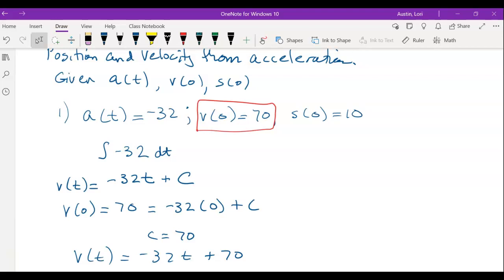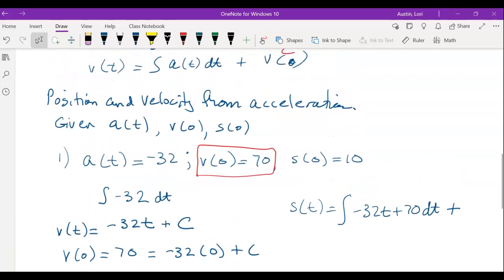You're going to do it one more time to get your position function. Now I understand the concept of where the C is coming from, so I can just use the formula, which basically states I'm going to take the integral of the velocity and add your S sub 0 position.